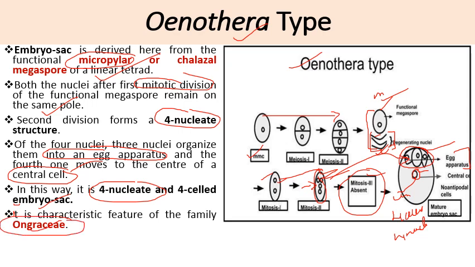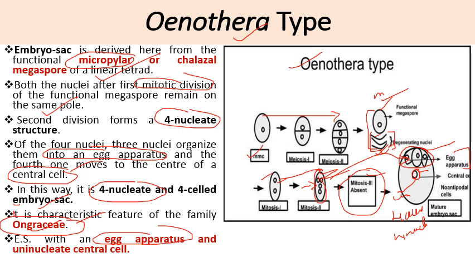Briefly summarized, it is an embryo sac with an egg apparatus and a uninucleate central cell. This is called Oenothera type of embryo sac development.